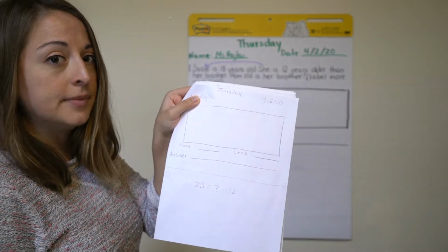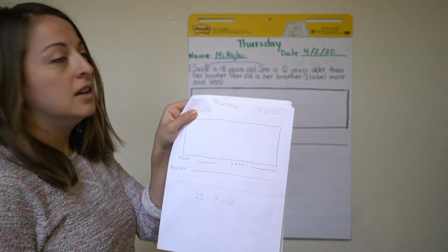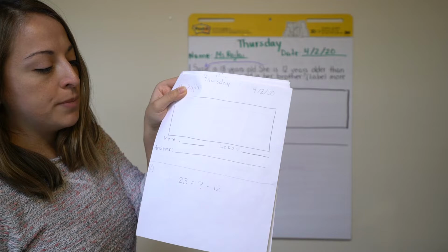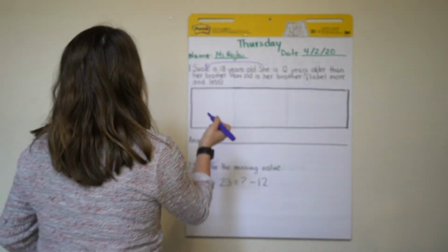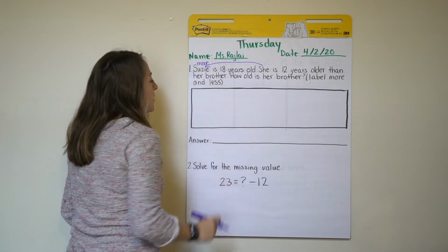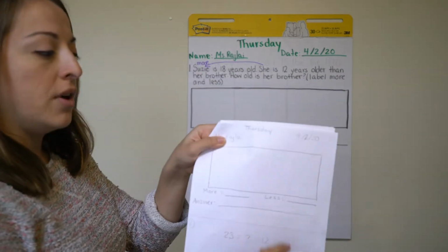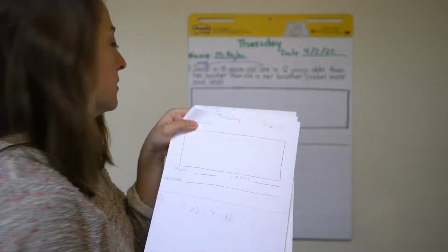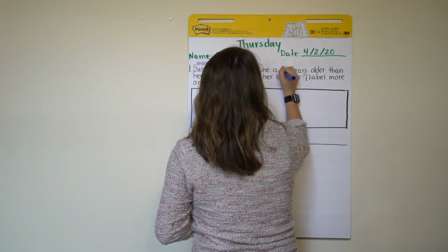Which one? So hopefully you wrote on your paper that Susie has more. I'm going to write it on here. And if Susie has more, then her brother would be less. So her brother has less.